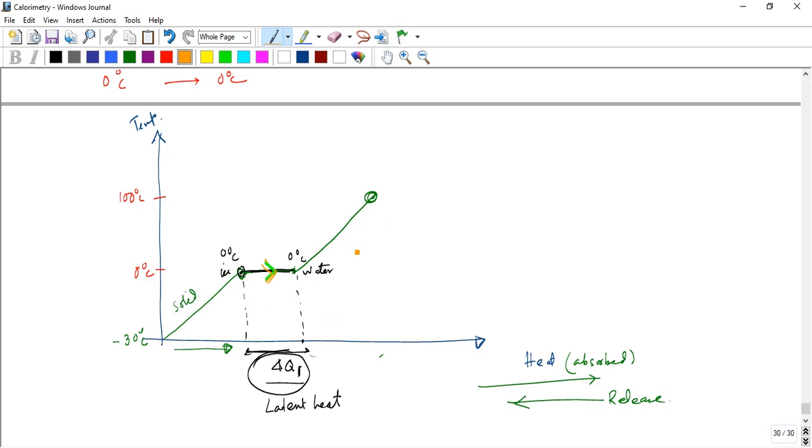Now heat is increasing, so the temperature also increases from 0 to 100 degree centigrade. But at 100 degree centigrade, similar to 0 degree centigrade, heat is increasing but the temperature is constant. So here we get water at 100 degrees centigrade, heat is absorbed, and at this point it is vapor at 100 degrees centigrade.